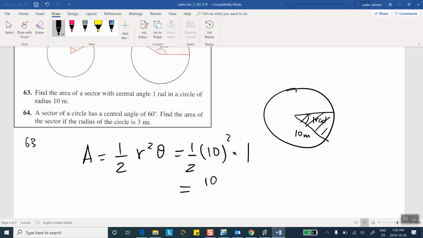So this is 100 over 2, and this is 50. Unit consistent with whatever that 10 is, because the radius was 10 meters, this is 50 meters squared. Let me clean up some of the stuff here.